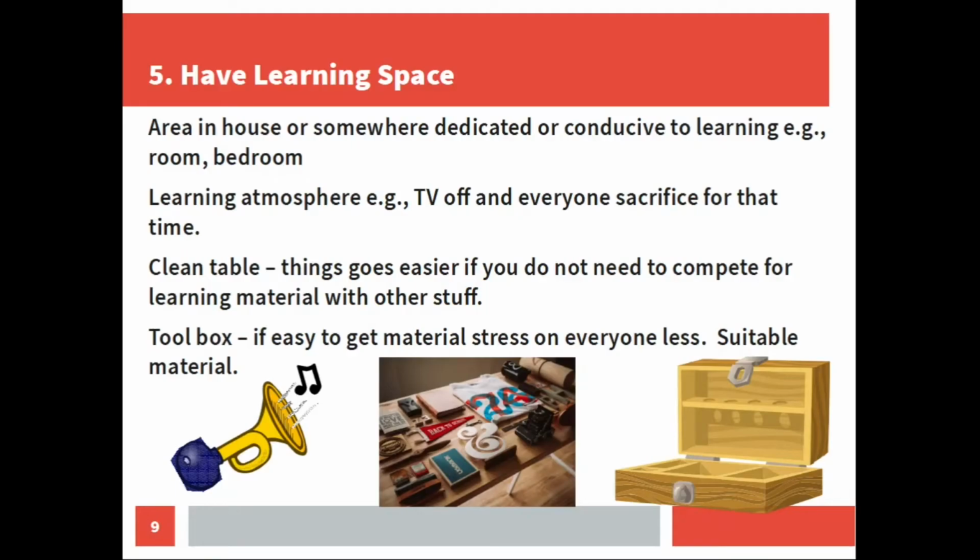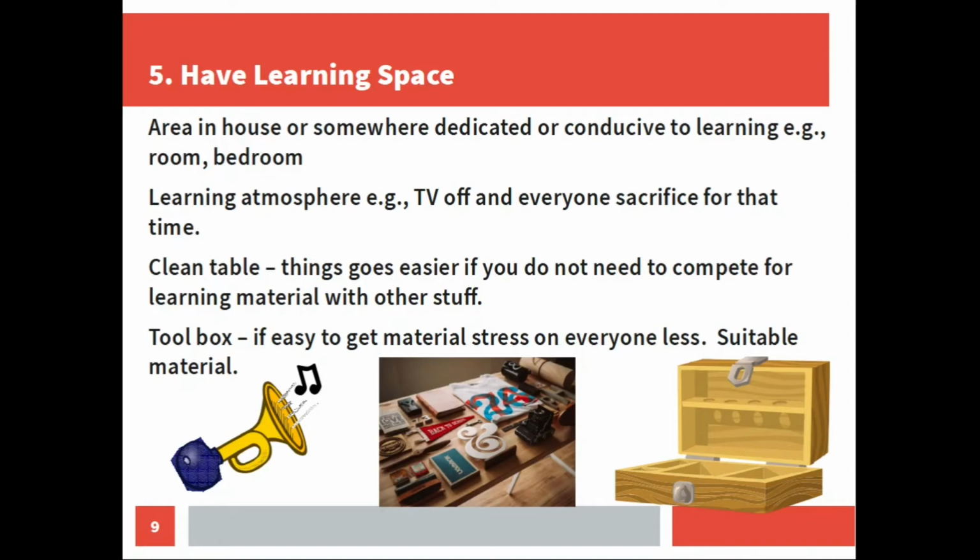The other set of tips is about the learning space. Have a proper learning space for the child. It's not always possible. If it means you must take the child away to a certain place, get an area in the house that's conducive for learning. Maybe the bedroom, maybe the room, wherever it is, a site where you and the child can focus and can have peace.